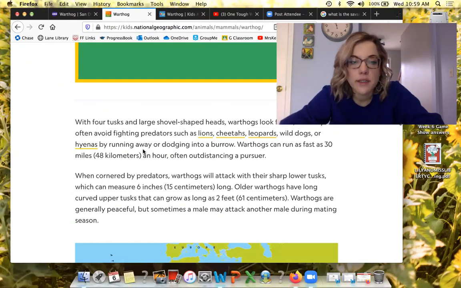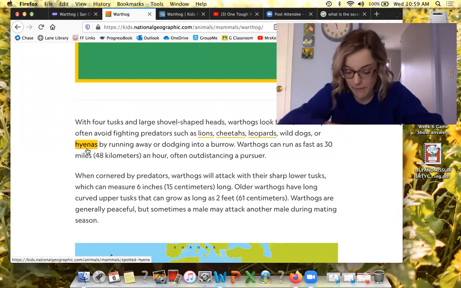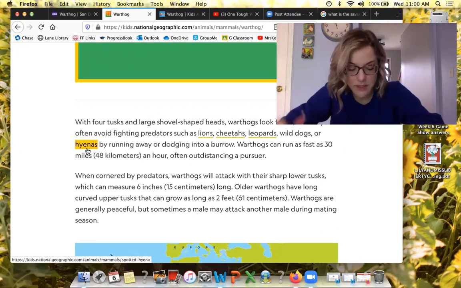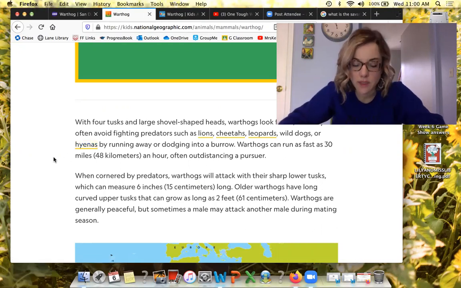So here are their predators. That might be something interesting. I might even consider that in what they eat, because it's not what they eat, but what eats them. So it's still kind of the food chain.